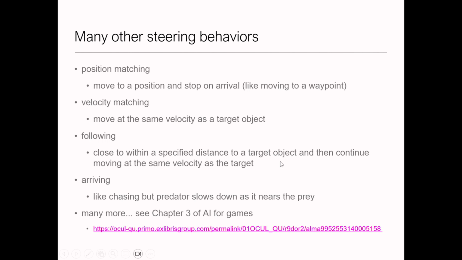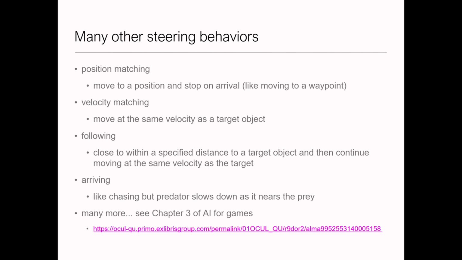Okay, so there's lots and lots of other steering behaviors that you might want to put into your game. The list is more or less endless. You can come up with lots of different scenarios where you want to steer a predator towards the prey in a certain way. So for example, position matching.